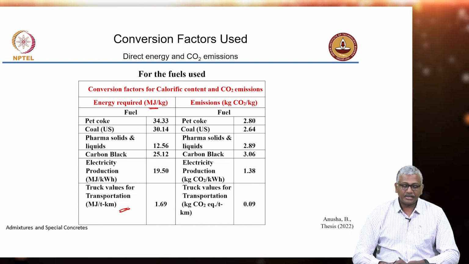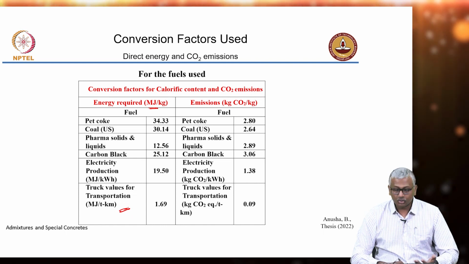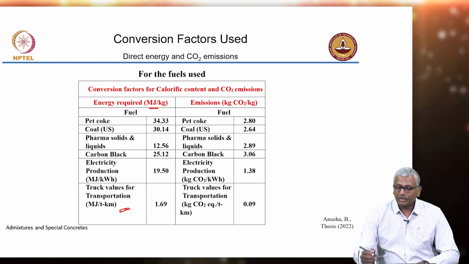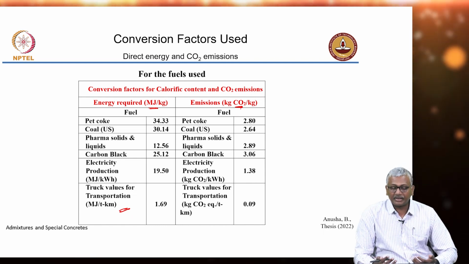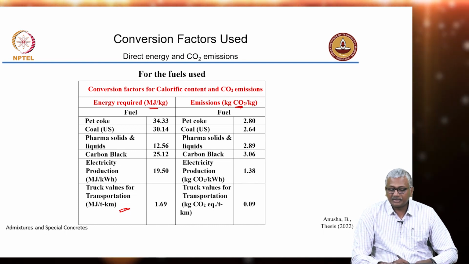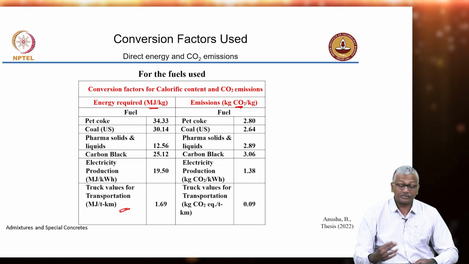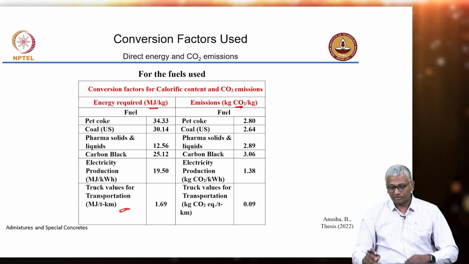Okay. Similarly, electricity production per kilowatt hour of electricity, so many million joules are being spent. Okay. Then kilogram equivalent carbon dioxide per kilogram of cement or per kilogram of clinker is, again you see different values given for different types of raw materials or different types of fuels, that is. So, conversion factors are required for the fuels.